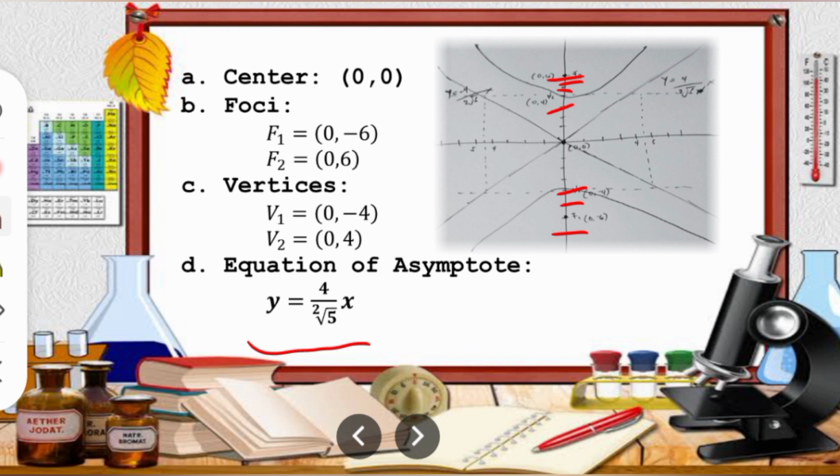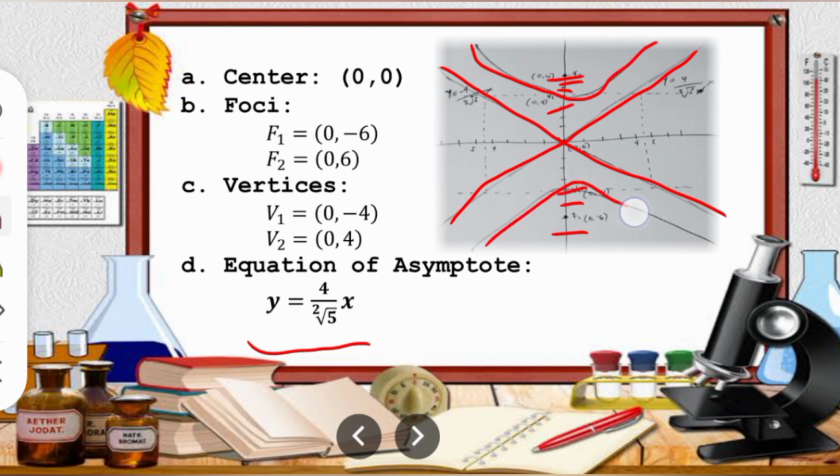Because our asymptote just extends along here. This is our asymptote in the graph. And to know the graph of our equation, our hyperbola graph is this one here. So that is the graph of our given equation of the hyperbola.